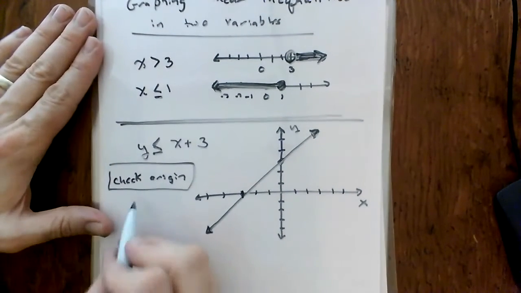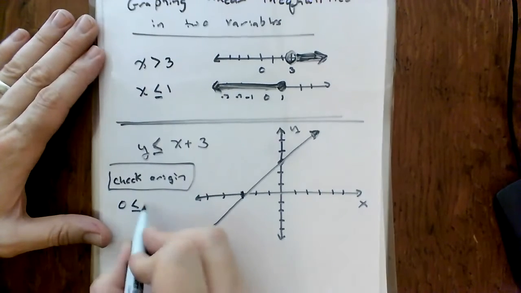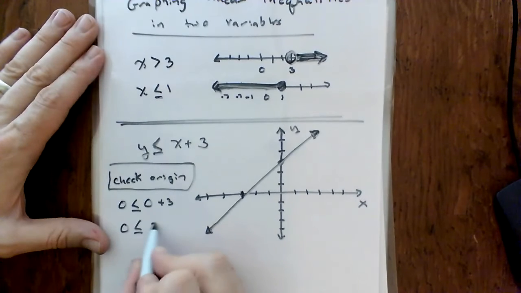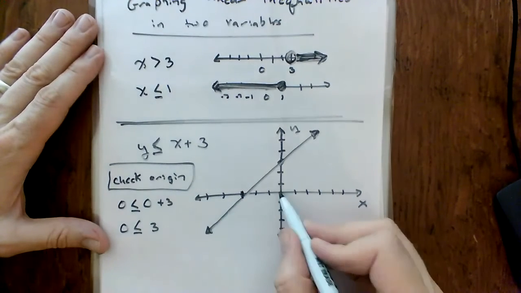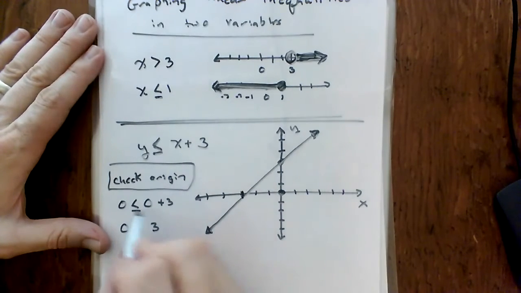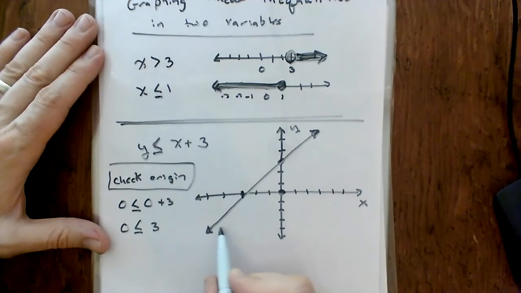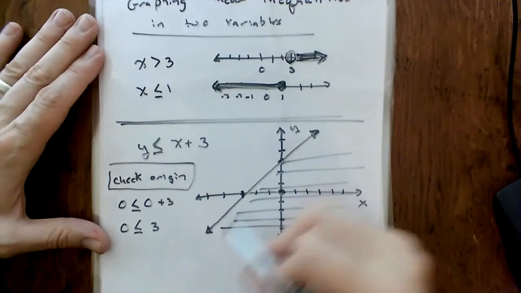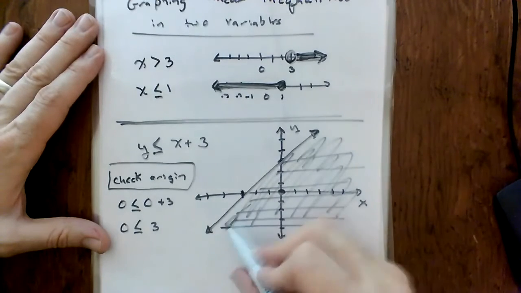So if I plug in 0, 0, let's see if 0 is less than or equal to 0 plus 3. Is 0 less than or equal to 3? It certainly is, which means that the origin does satisfy this inequality, which means everything to the right, all of this over here, should get shaded in.